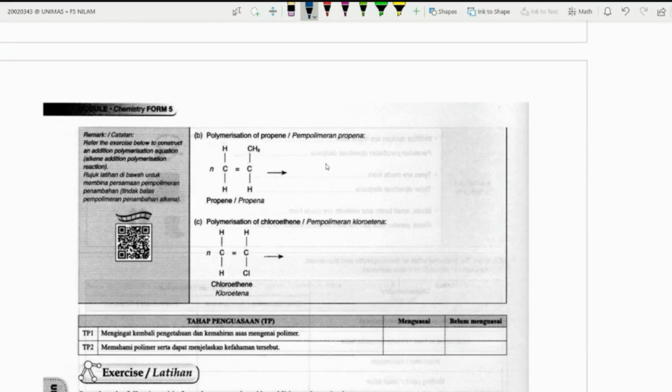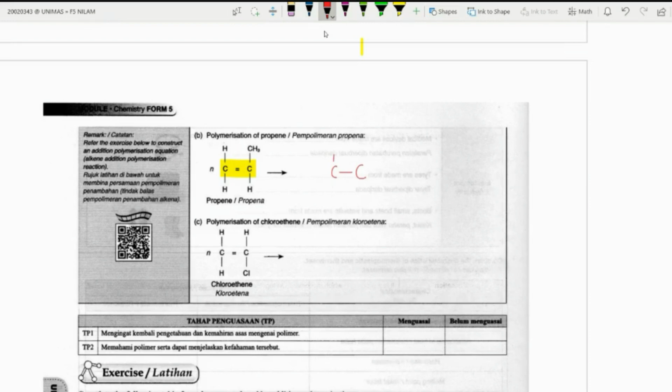Finished already, class? Now we check. Just now I mentioned, you focus on the double bond, right? So in your polymer, the double bond is gone. So it should be this.